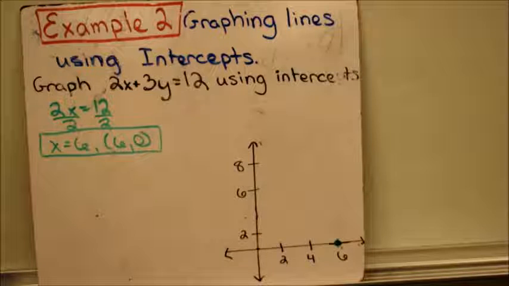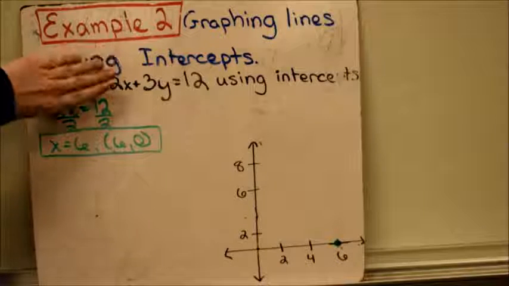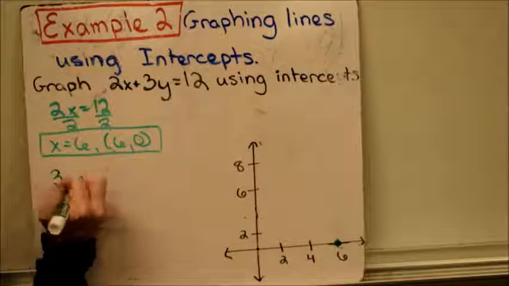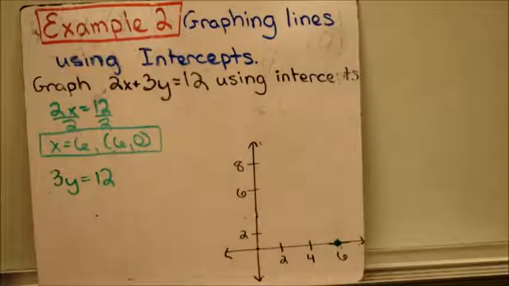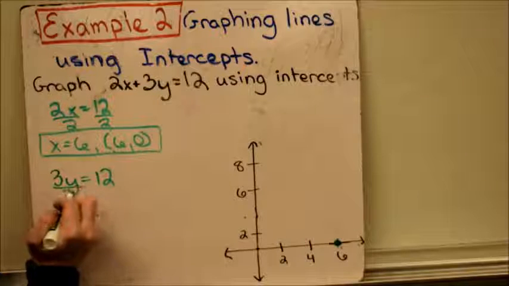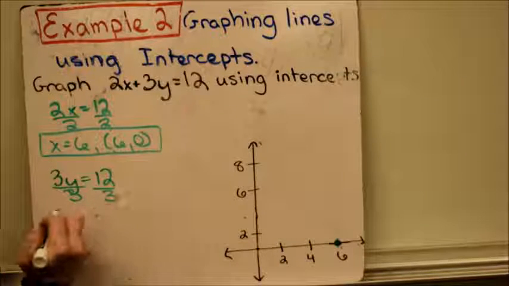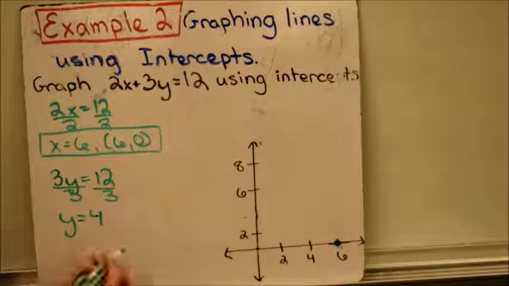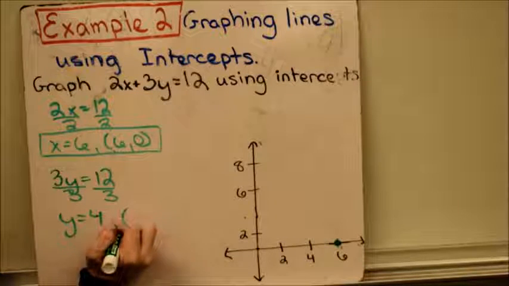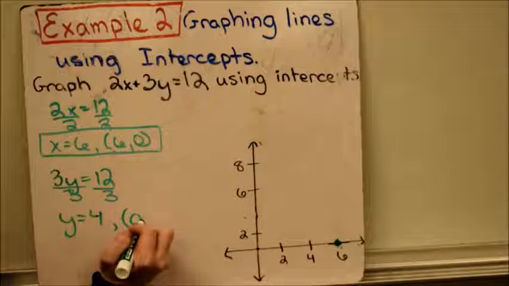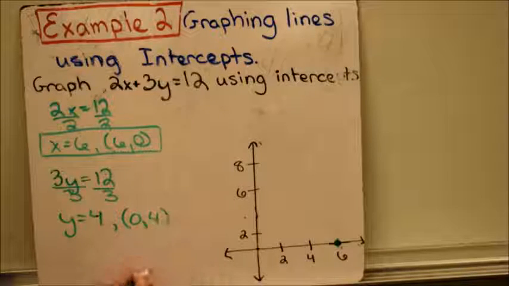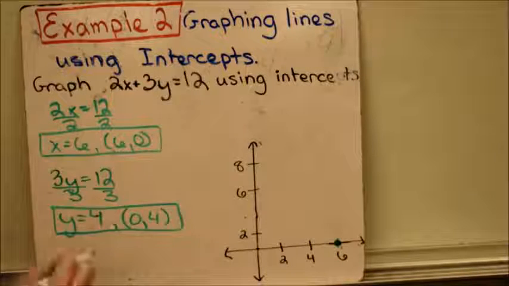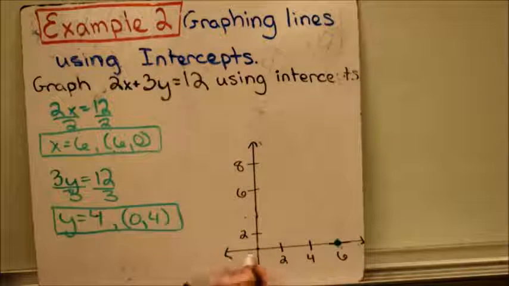Now we're going to find the y-intercept. Cover up x, 3y equals 12, and solve for y. Divide by 3. Y equals 4, because 12 divided by 3 is 4. If we want to write this as a coordinate point, 0, 4. Now we can graph this point.